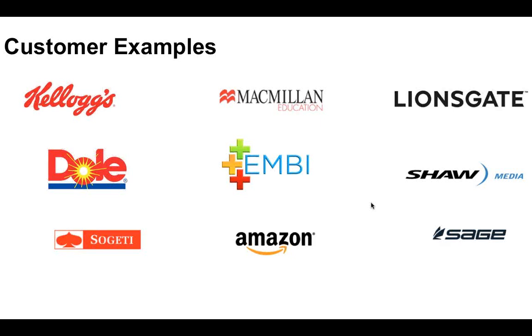Amazon, who's of course an internal customer of AWS, uses Oracle Secure Backup to back up all their Oracle databases into AWS. So there are a lot of cost savings achieved through that. You can read about it on the case study page. And Sage Manufacturing, they run Oracle e-business suite on AWS today. So these are some customer examples.